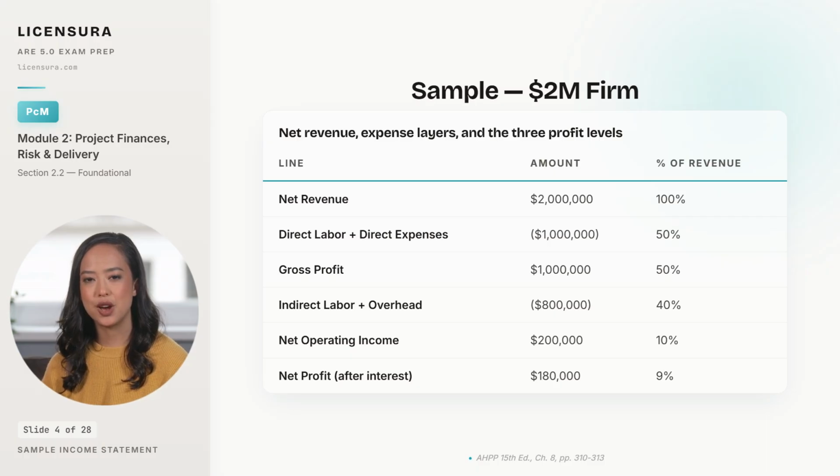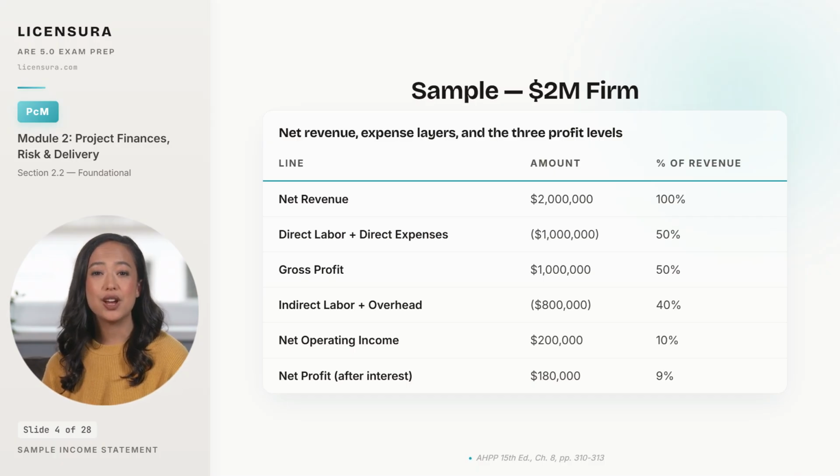Indirect labor of $400,000 plus other overhead of $400,000 equals $800,000 in overhead, which is 40% of revenue. Subtract overhead from gross profit, and you get net operating income of $200,000, or 10%. After roughly $20,000 of interest and other items, net profit is $180,000, or 9% of revenue.